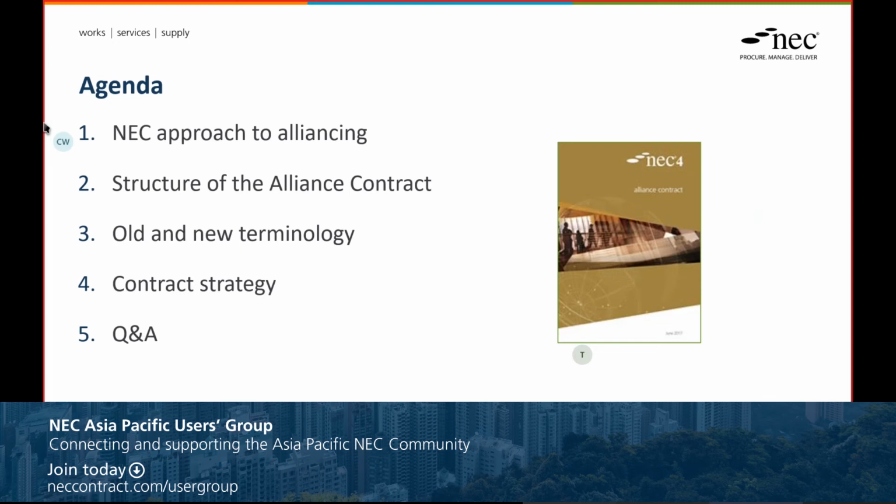And then we'll be looking at contract strategy in terms of what options are available in terms of secondary options and things like that in terms of creating your contract for the alliance.